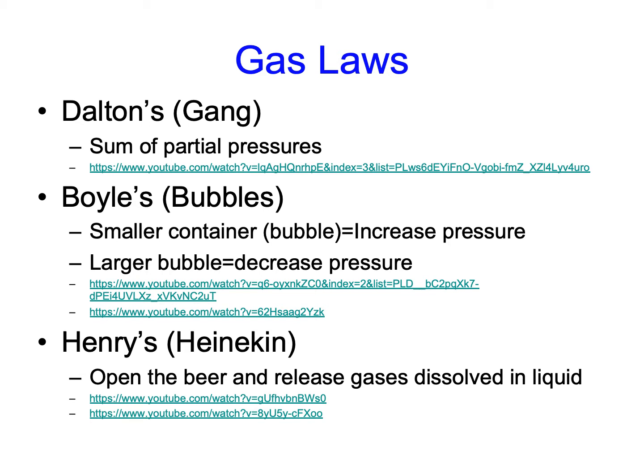And CO2 makes up the remainder, truly less than 1% in our atmosphere. So we just add up all those partial pressures, and that gives you the actual pressure of the atmosphere.